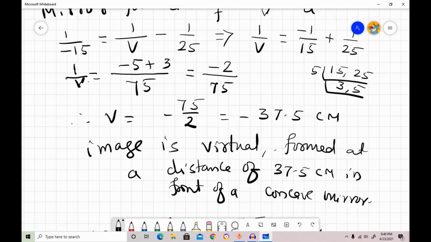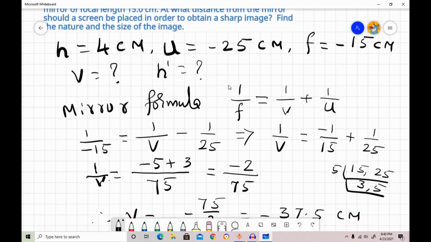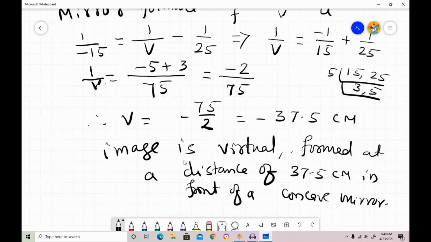Just I will show once again. What data is given? h is equal to 4 centimeter, u is equal to minus 25 and f is equal to minus 15. Recall the mirror formula, 1 by f equals 1 by v plus 1 by u. Substitute the values and rearrange the equation to find v, it becomes minus 37.5 centimeter.